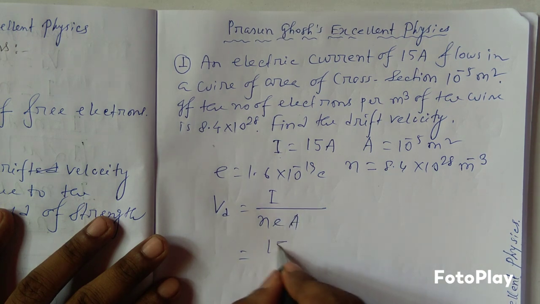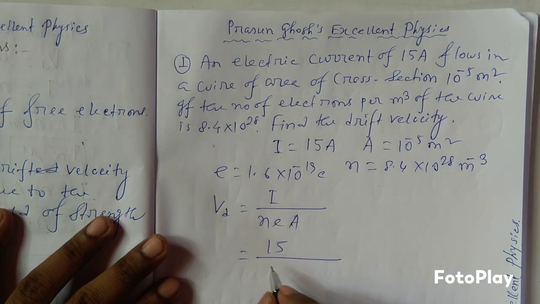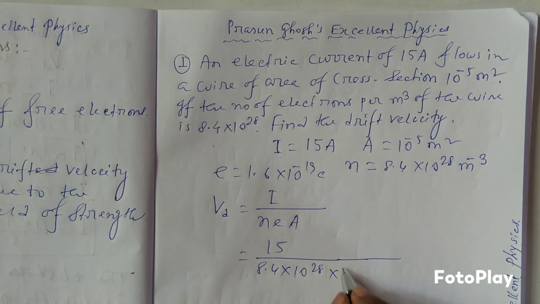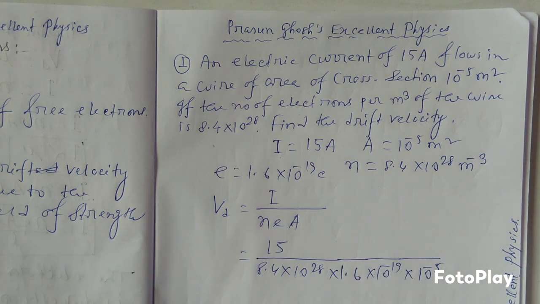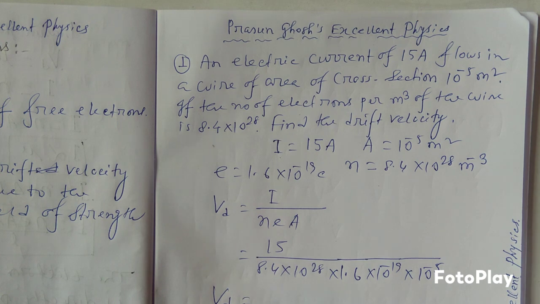So I is 15, N is 8.4 into 10 to the power 28, E is 1.6 into 10 to the power minus 19, and A is 10 to the power minus 5. So we can get the value easily by calculating: 1.116 into 10 to the power minus 4.